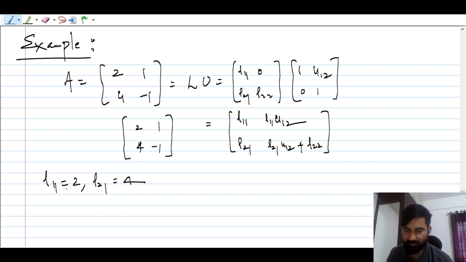I think this is clear. U12 is going to be 1 by 2.